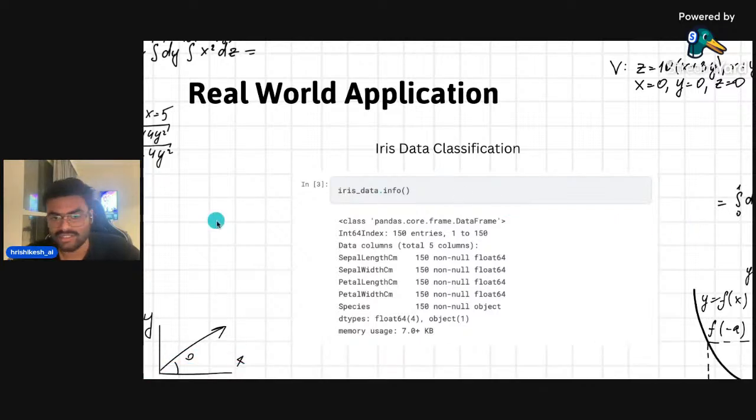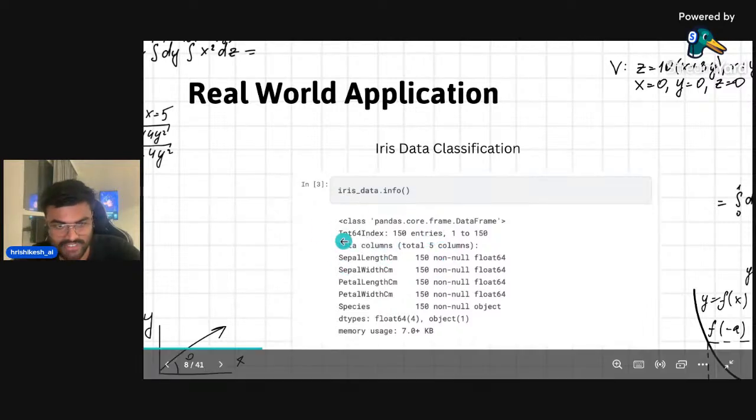So the third application is iris data classification. This is a very famous kind of classification, which we will be doing, and we will be building around that. It's about three flowers, where we have various features for that flower, like sepal length, sepal width.